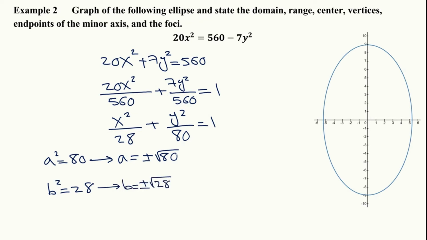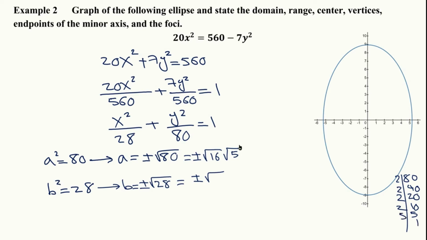Now these are both pretty nice numbers that are easy to simplify from under a radical, because that's like plus or minus square root of 16 times square root of 5. So we basically look for the largest perfect square factor of 80. If you factor 80, you get 2 times 40, 2 times 20, 2 times 10, 2, 5, and 5, 1.